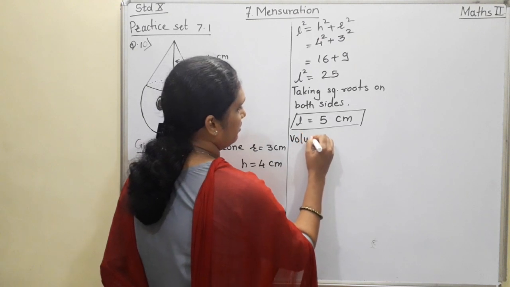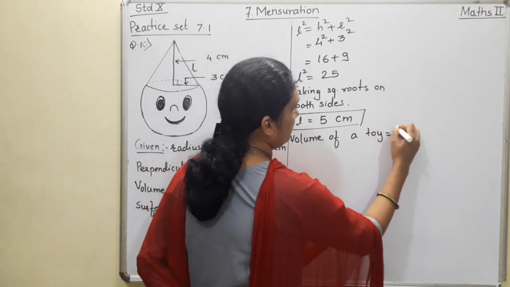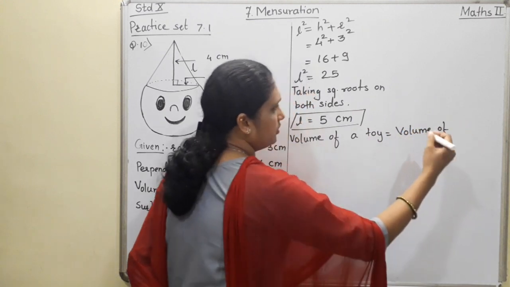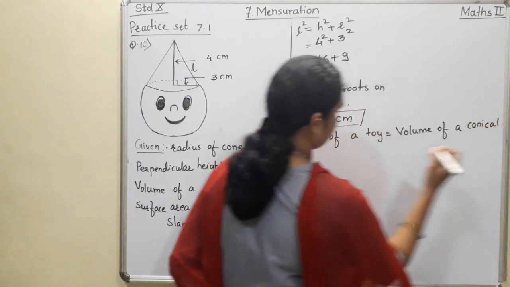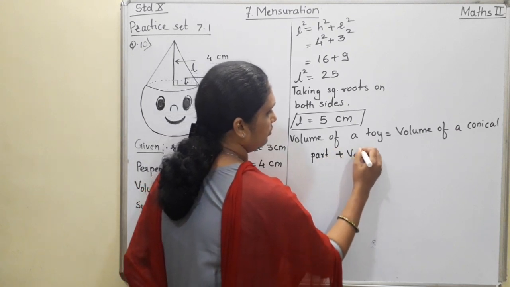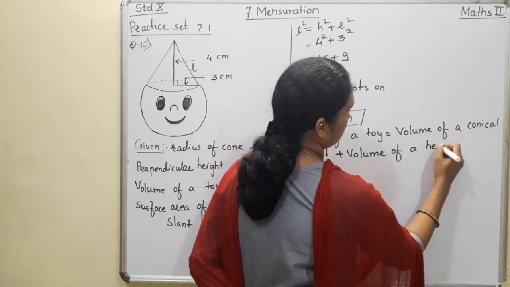For finding the volume of a toy, we will write volume of a conical part plus volume of a hemisphere.